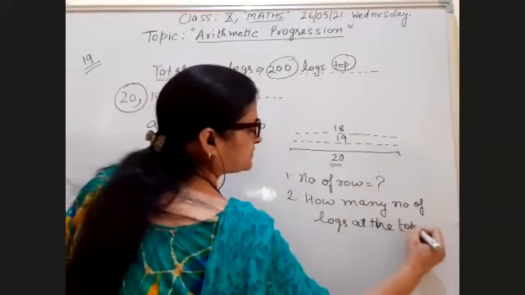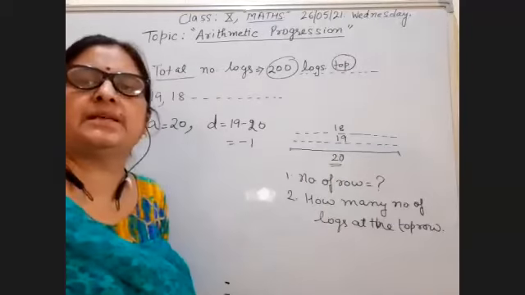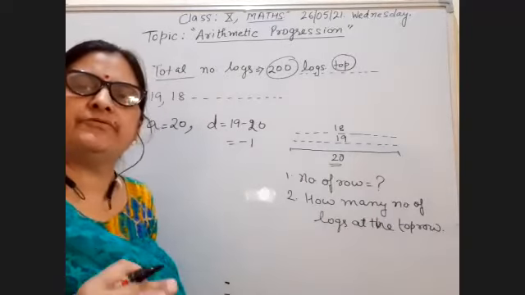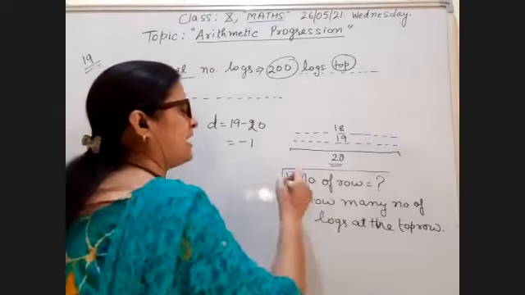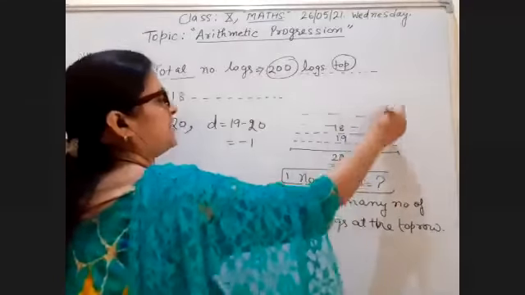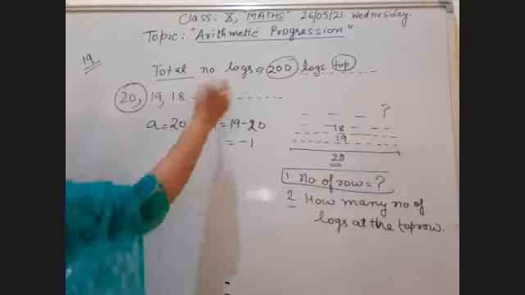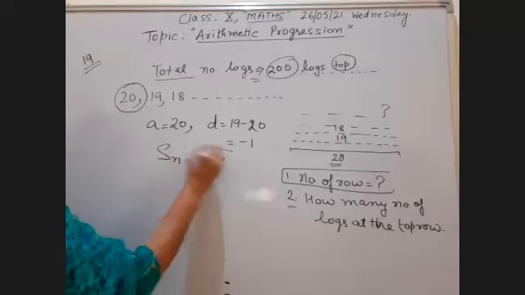The first thing you have to find is how many rows there are in total. So how will you find it? Sn is given, the total number of logs.